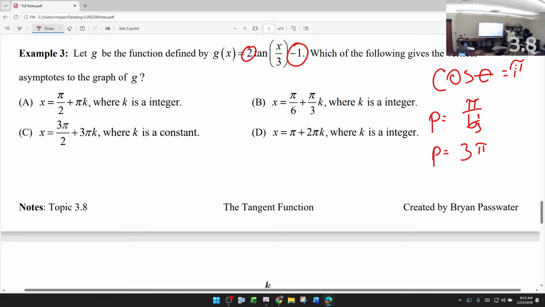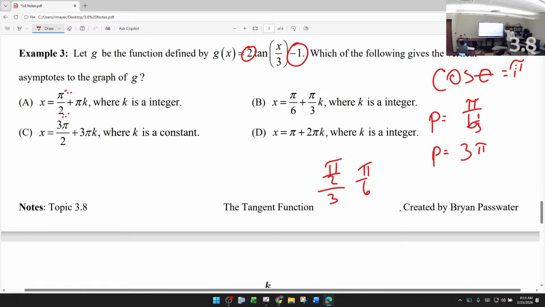Okay, let's do it the easy way. Use the answers. Pi over 2. Good enough? Pi over 2. Pi over 2 over 3 ends up being 3 pi over 2. Pi over 2 over 3. No. Pi over 2 over 3 becomes pi over 6.